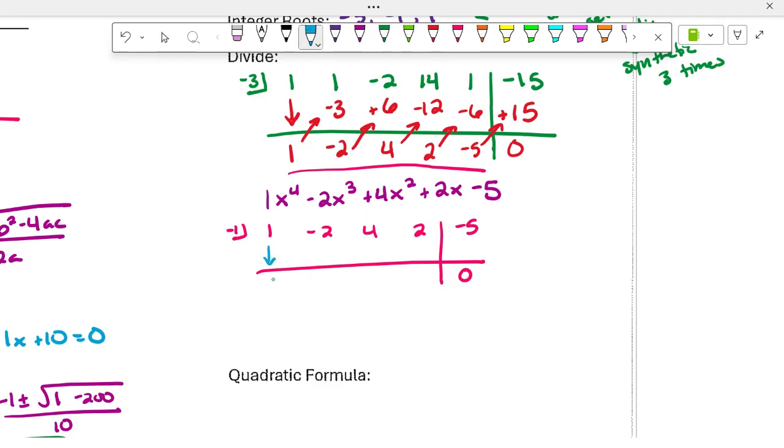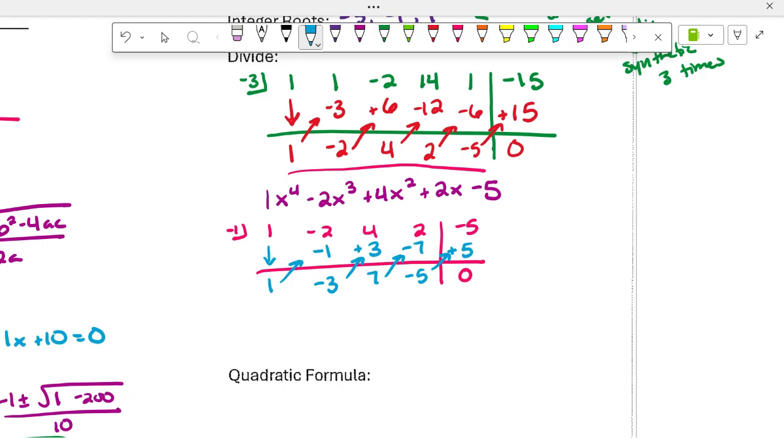So bring it down. I have full faith that y'all know how to do synthetic division, so I'm going to do this quick. 1 times -1 is -1. -2 minus 1 is -3. -3 times -1 is +3. 4 plus 3 is 7. 7 times -1 is -7, so that's -5. -5 times -1 is 5. Add them together, 0.